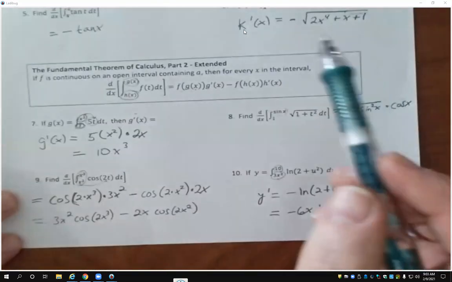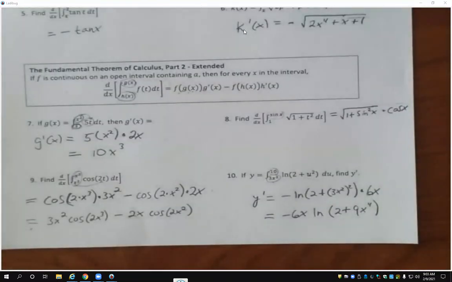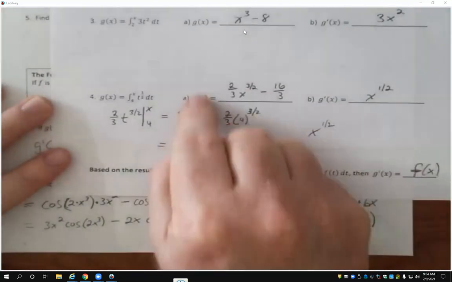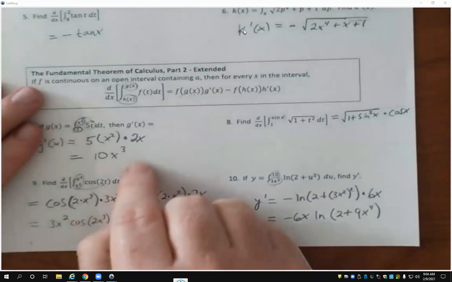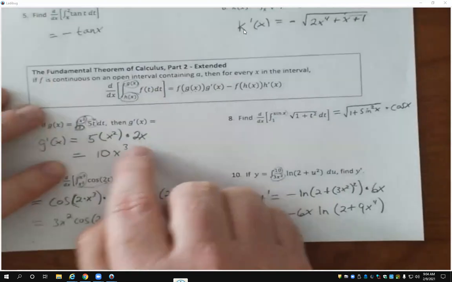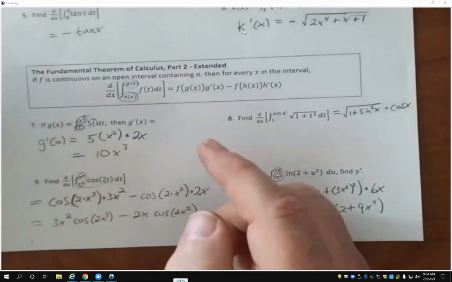That goes back to what we were doing yesterday. What ended up happening, when you had that constant out there, is when you plug in that constant, we're then taking the derivative of that, and when you take the derivative of a constant, it's 0.